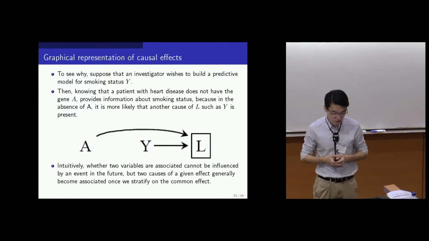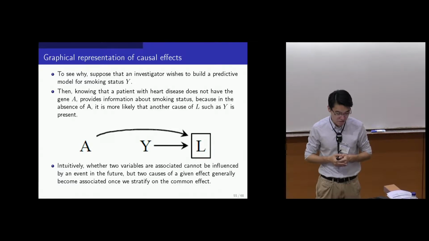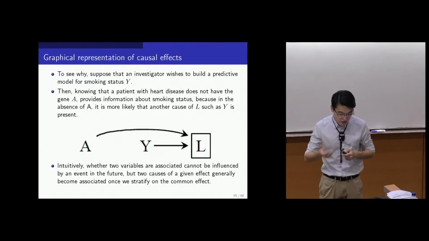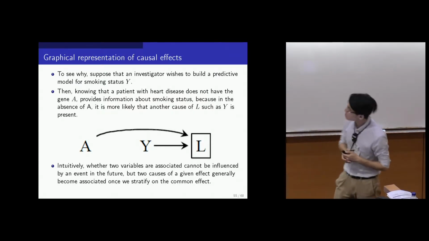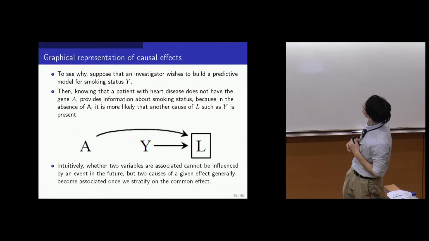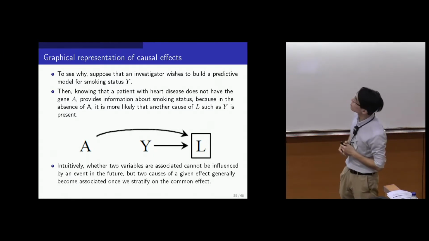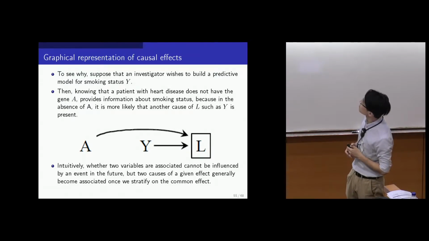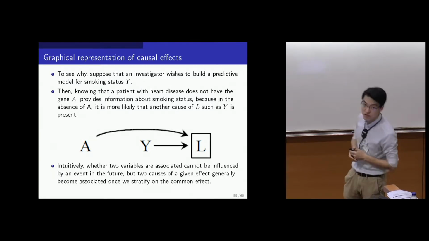To see why, suppose an investigator wishes to build a predictive model for smoking status. Knowing that a patient with heart disease does not have the gene provides information about smoking status, because in the absence of A, it is more likely another cause of L, such as Y, is present. For example, if we know a person has heart disease, and let's say this gene is harmful, then if he did not have this gene, it's more likely that he smokes, right?